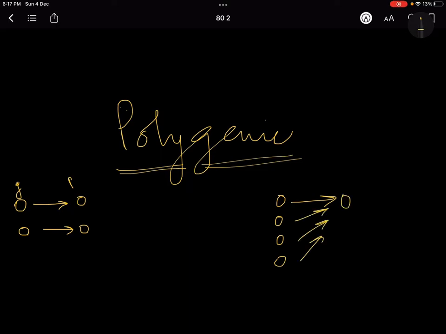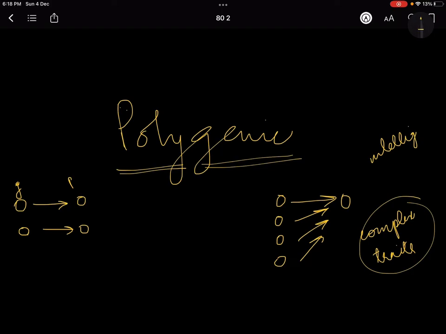This can also be the case for complex traits. For example, you can say intelligence, IQ, then your height, your color, your weight, your cholesterol, fat deposition.